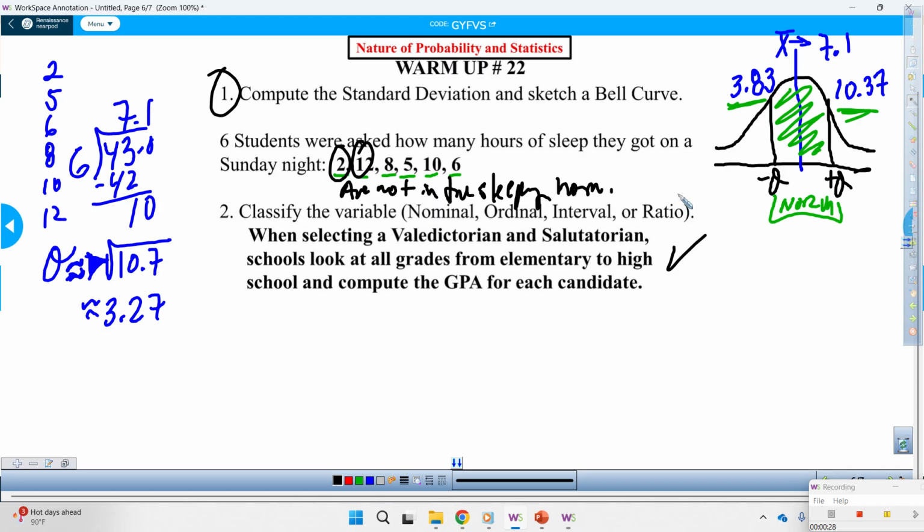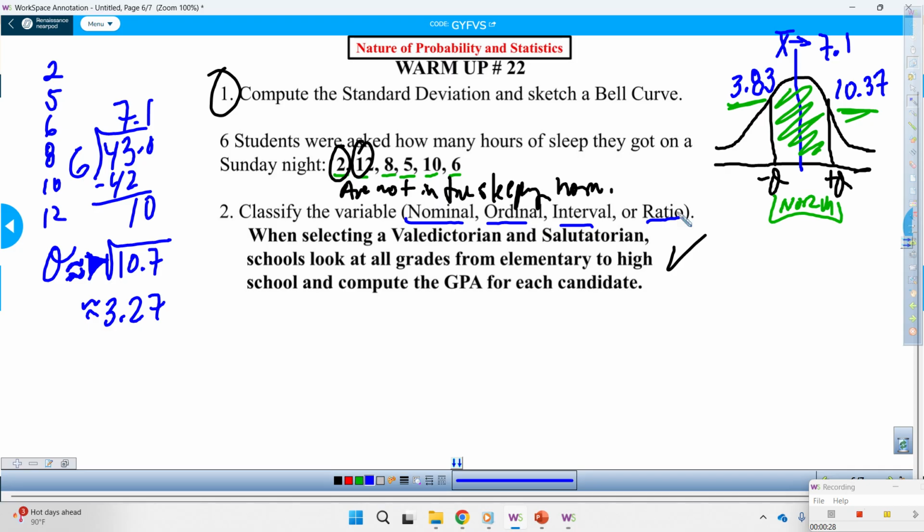All right, let's go with Lolly. What kind of variable is that? Help her out, Camila. There's four of them: nominal, ordinal, interval, or ratio.